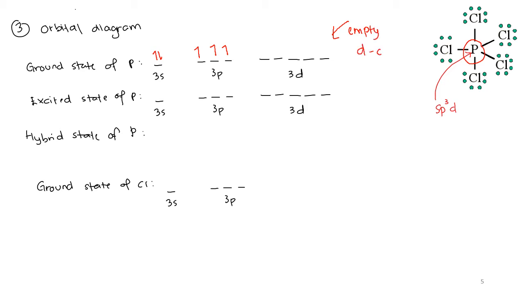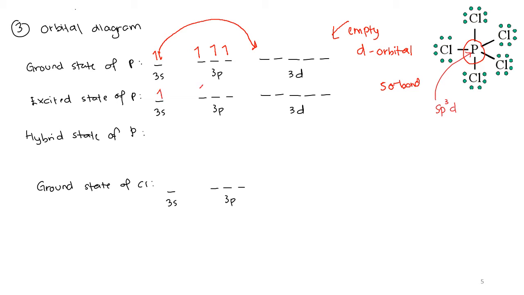What's the function of this empty d orbital? Your one electron here will be excited into this empty orbital, because you need to form 5 sigma bonds, so you need to have 5 single electrons.